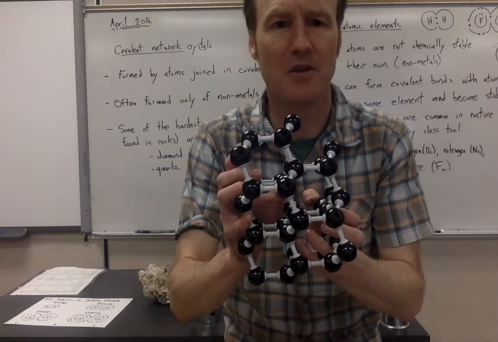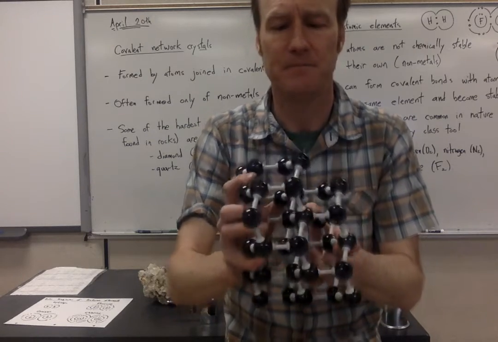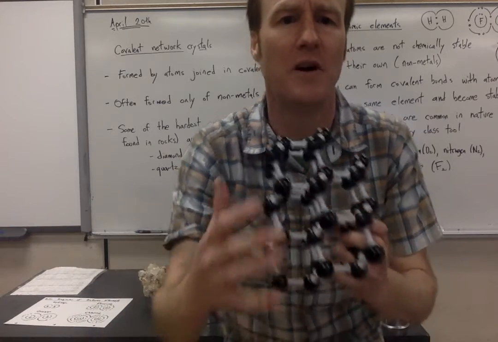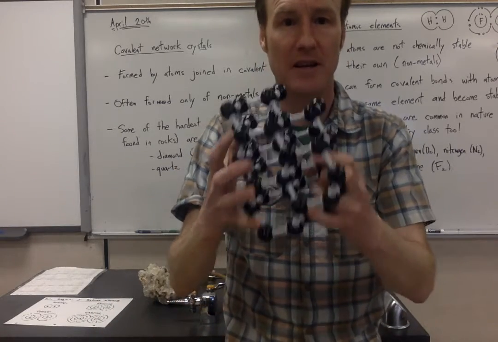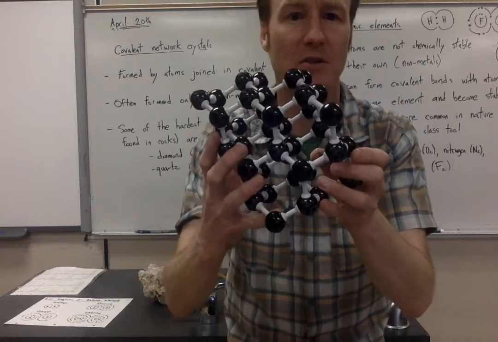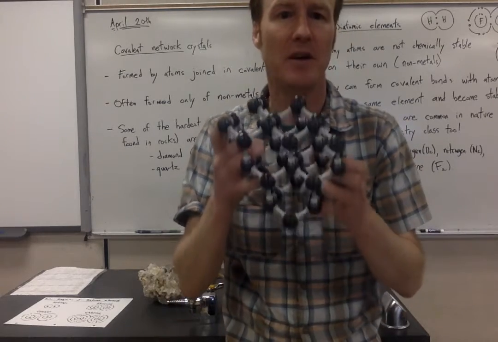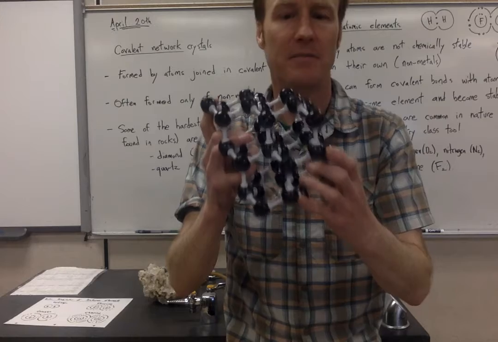When I dropped this on the floor, it didn't change the shape. The structure of a diamond crystal, again, because this represents a diamond crystal, is extremely stable, solid, and strong.